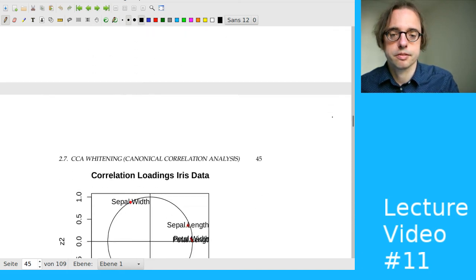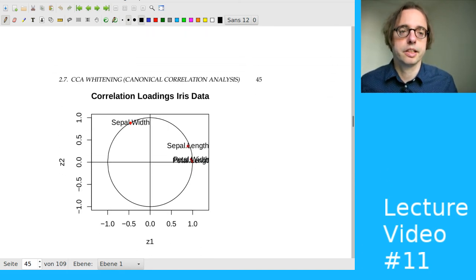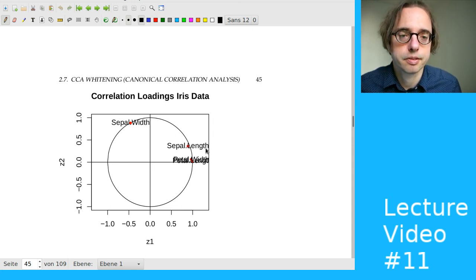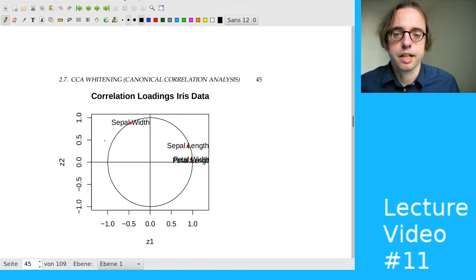You can see here that we have the 2 principal components, Z1 and Z2, and we have 4 variables in this case, and we can clearly see that, for instance, petal width and petal height are strongly linked mainly with the first principal component, whereas sepal width is actually more linked with the second principal component.